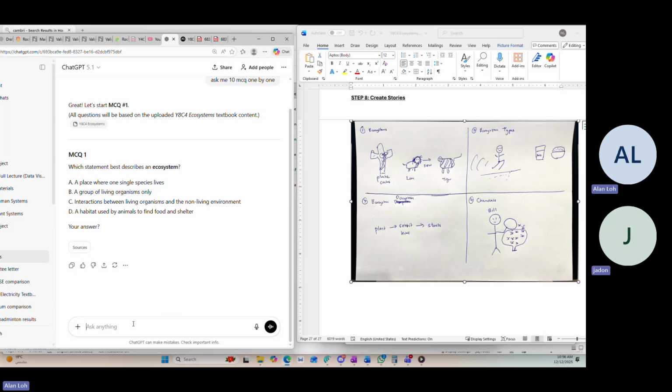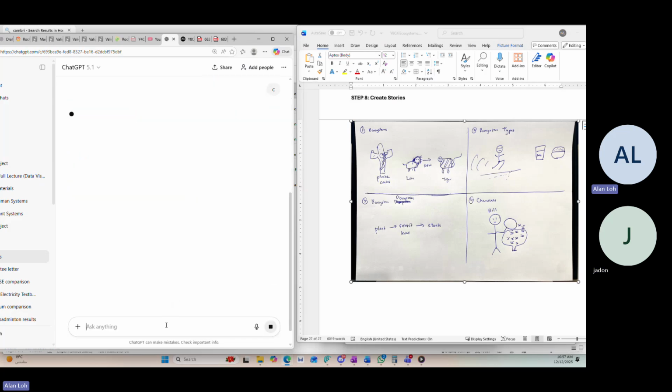Describe the ecosystem. A place or a single where a group of living organisms. No, first tell me which drawer. Oh, 1. Okay, good. Then when you know it is drawer number 1, focus on this and tell me which answer. Interaction between living organisms and non-living environment. C, am I right? Yes, C. Excellent. I think it's correct. Okay, good.